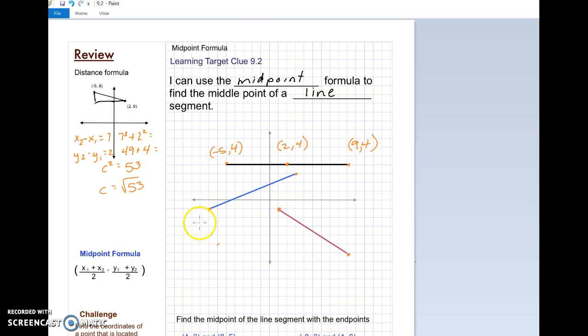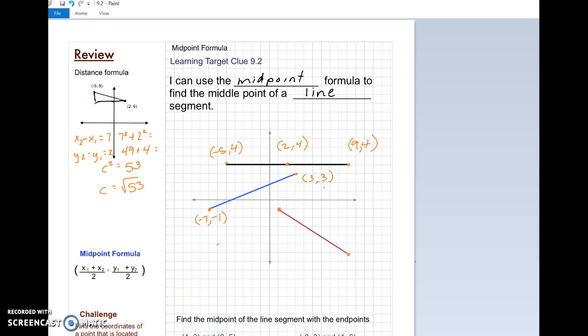First I'm going to put in my points. This one is -7 for x, and -1 is the y. And then this one is 3, 3.